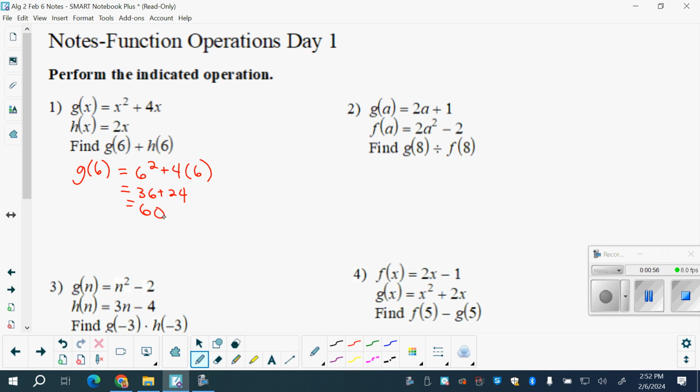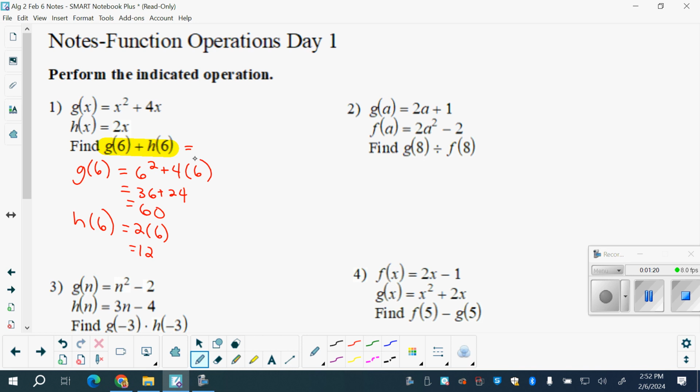Then we're going to find our h of 6. And that would be 2 times 6, or 12. And so we want to find g of 6 plus h of 6. So we're going to take those two answers and add them together.